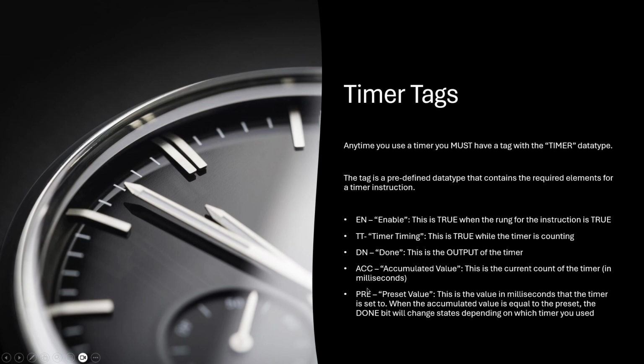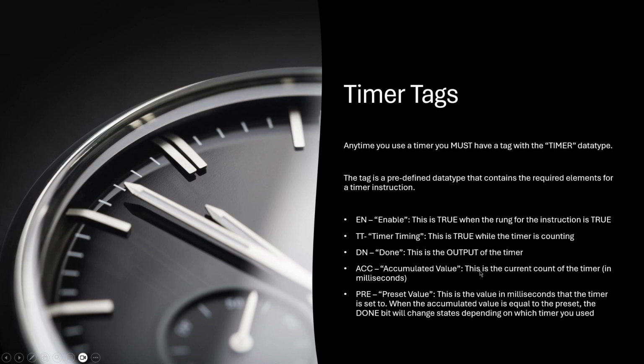Then you have 2 integer tags, and these are going to be, first, the accumulated value. This is the elapsed time that has currently passed for the timer. This is abbreviated ACC. Depending on the type of timer you're using, it may count up.